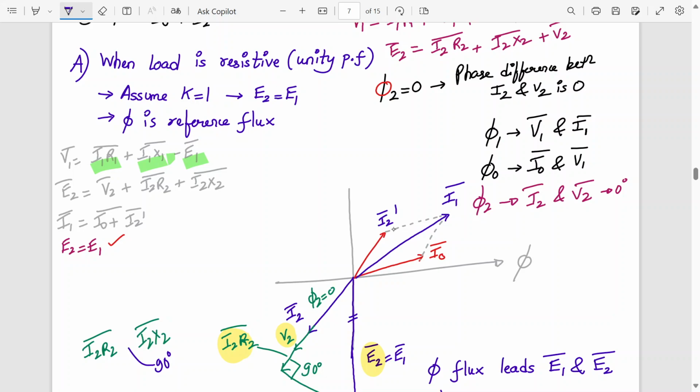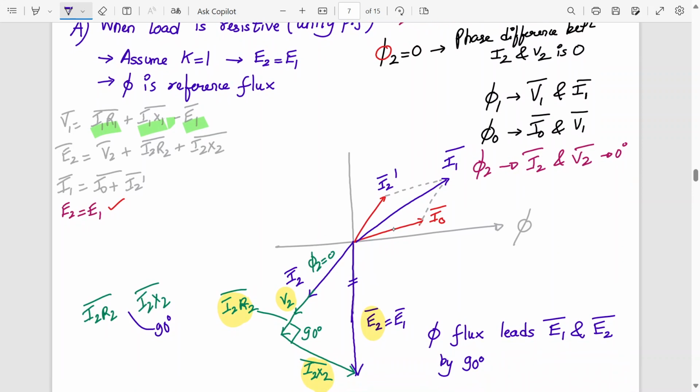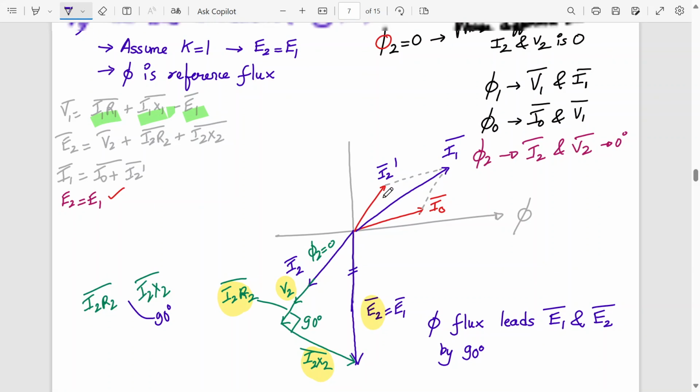Where will minus of E1 come? If this is E1, positive, with the same magnitude, you draw it up and that will become minus of E1. So a similar magnitude I'll draw over here. So what is this? Minus of E1, correct?